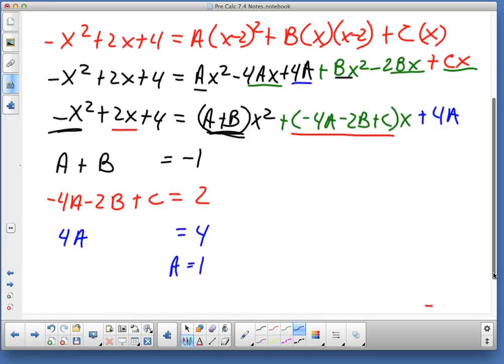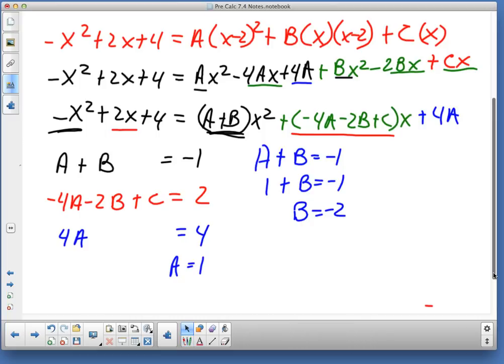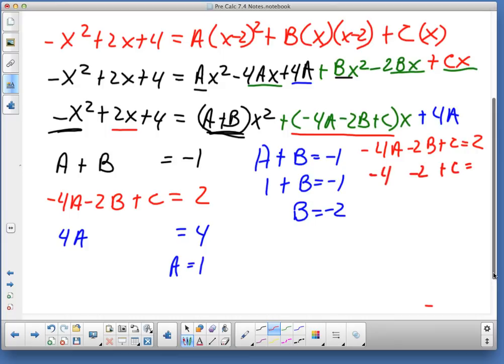And now, since A is 1, A plus B is equal to negative 1. Since A is 1, B must therefore be negative 2. And since I know that B is negative 2 and A is 1, I can plug it into this one and find out C. So negative 4 minus negative 2B plus C equals 2.